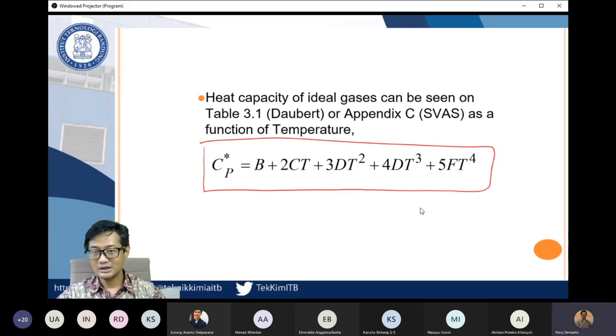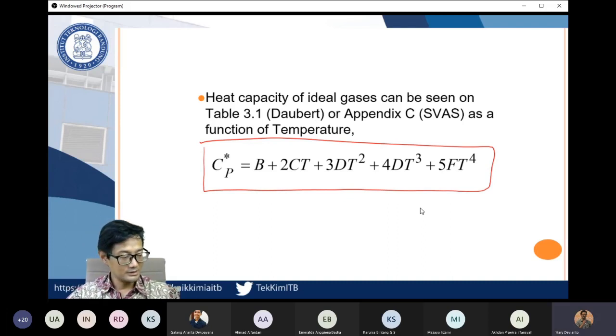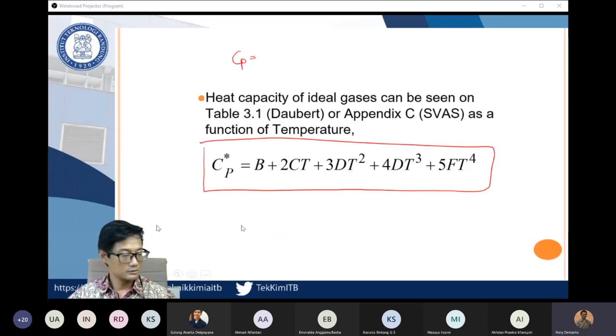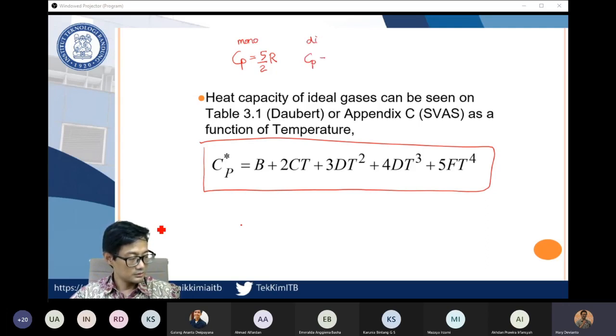the heat capacity is a function of temperature. You remember when I discussed previously that Cp is equal to 5/2 R in the monoatomic case, and for diatomic, Cp is equal to 7/2 R. Remember, I already mentioned this to you.